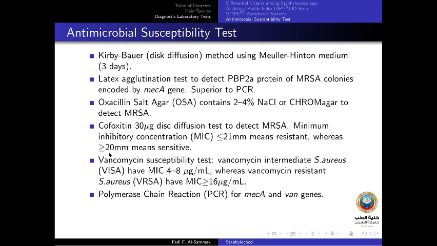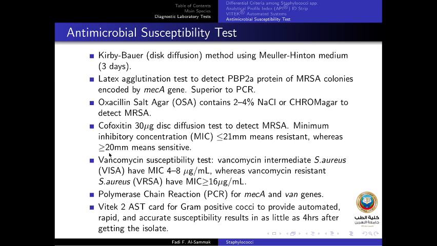So these genes are responsible for the MRSA and VRSA strains respectively. And finally, as we said, the VITEK 2 system, which is using the AST card, the antimicrobial susceptibility test card for gram-positive cocci, can provide automated, rapid, accurate susceptibility results in as short as 4 hours after isolation.